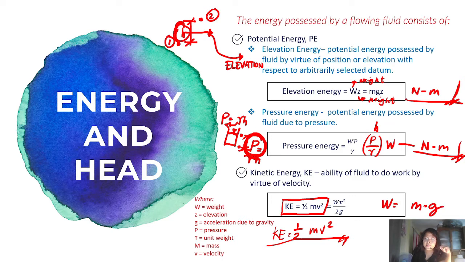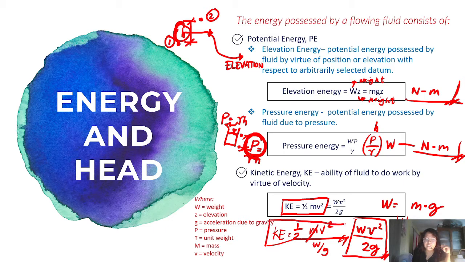So, kung i-transpose ko si gravity sa kabila, W over G is equal to your mass. Now, i-substitute ko na siya dito sa formula ng mass, so W over G. Okay? So, may napansin? Ibig sabihin, W times V squared over 2G, yan din is equal to your kinetic energy.